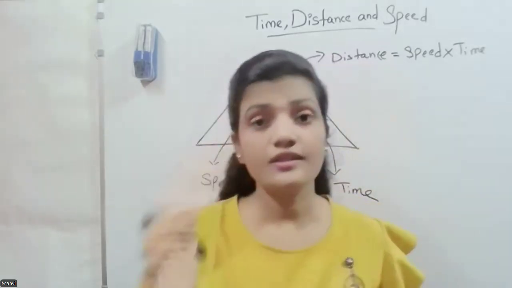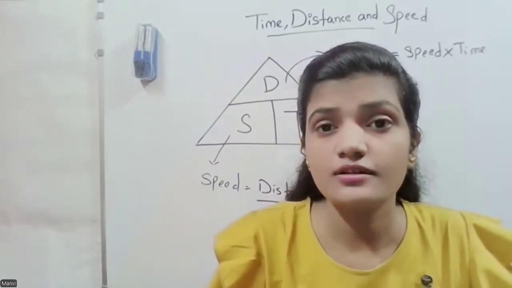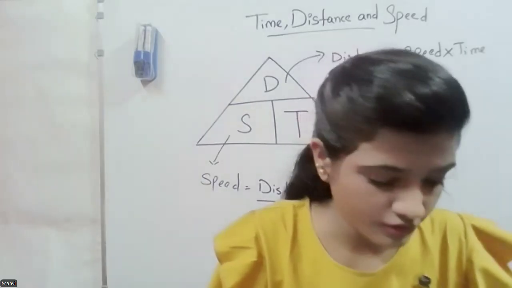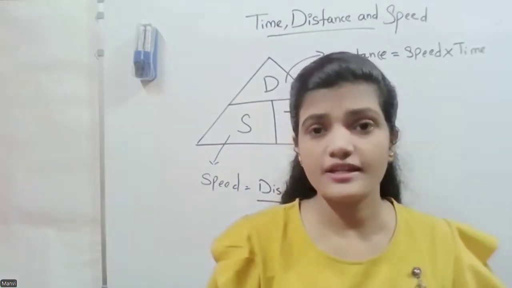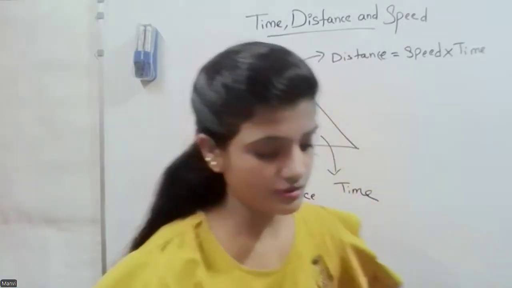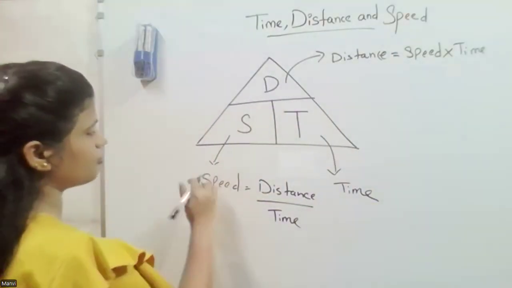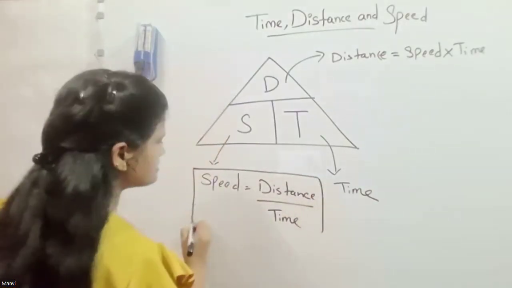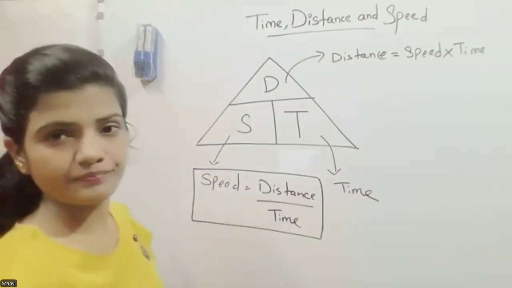So what is speed? Speed tells us how fast or slow something is moving in a certain time. We can simply say speed tells us how much distance is covered in a certain time. This is the formula for speed: speed equals distance divided by time.